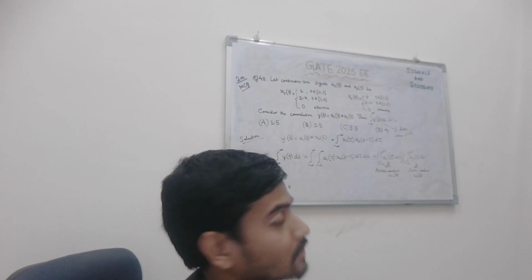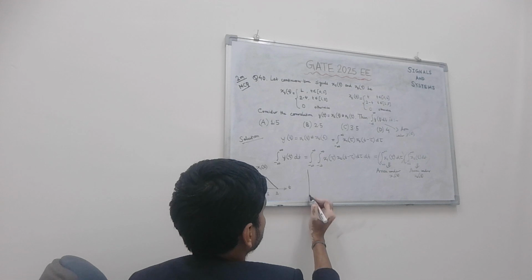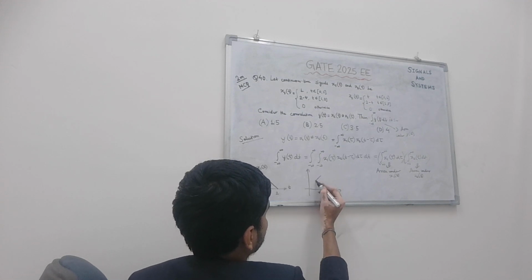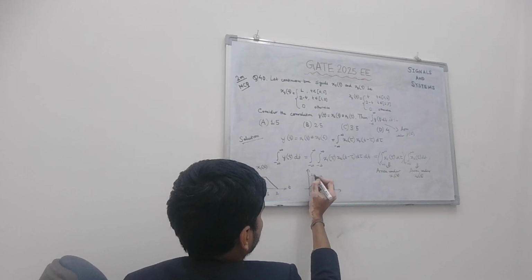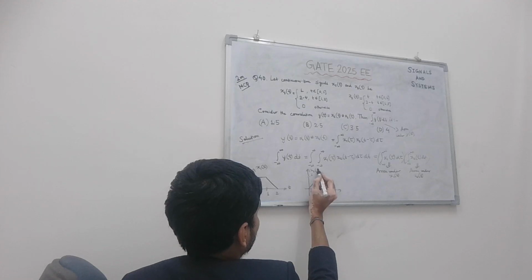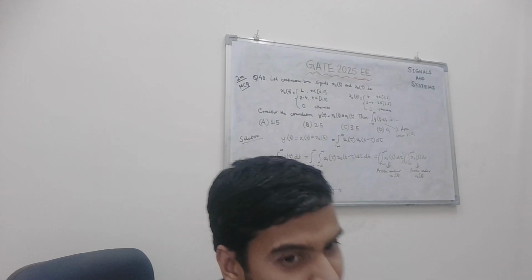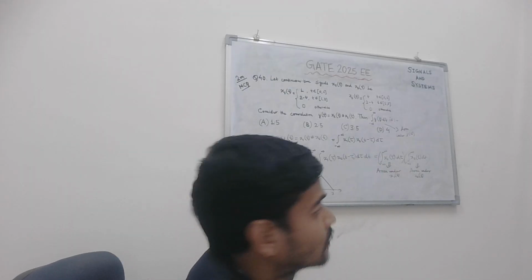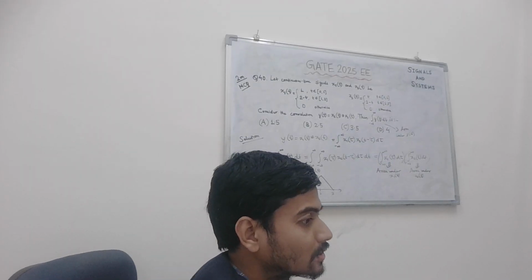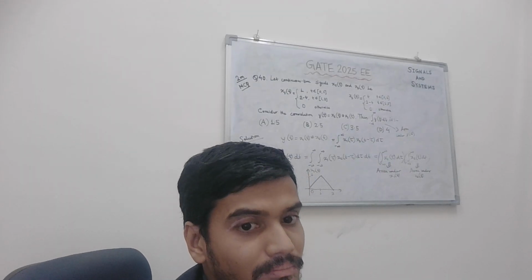Similarly, you can plot x2(t) using basically the definitions given. This is the definition given for x1(t), this is the definition given for x2(t). Using these definitions, you can plot x1(t) and x2(t). Right?